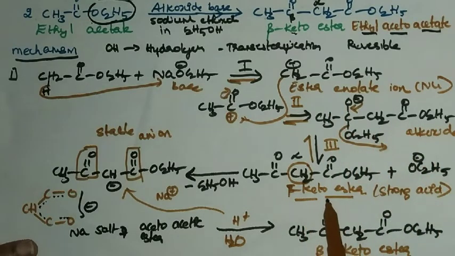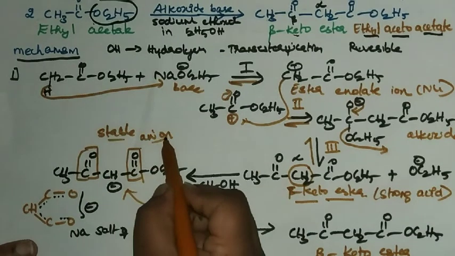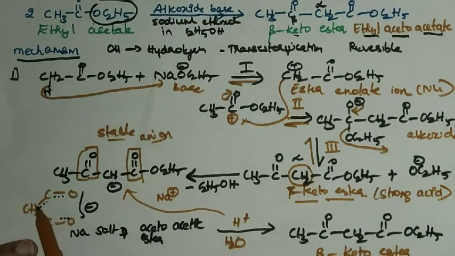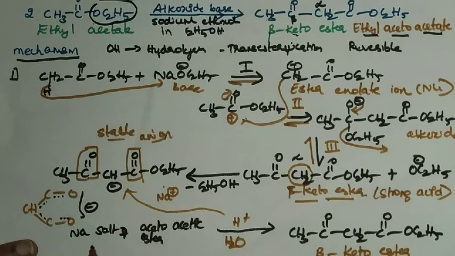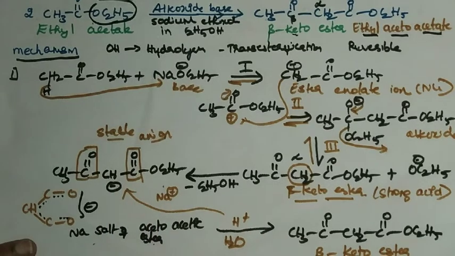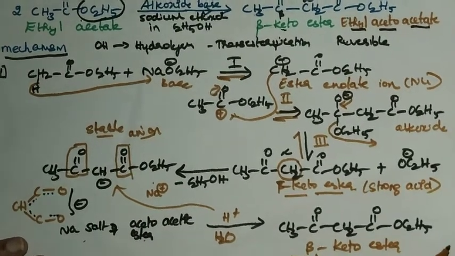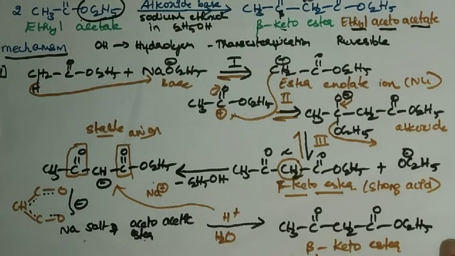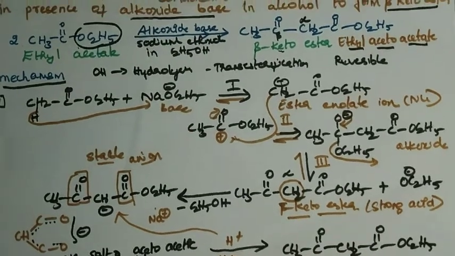The product obtained is beta keto ester, which is highly acidic because of the presence of two acidic hydrogens. It is a very strong acid, and in presence of ethoxide ion it will give a stable anion, stabilized due to resonance, and it will form a sodium salt of acetoacetic ester. This on protonation or acid workup will give beta keto ester. So this is the mechanism involved in the Claisen condensation.